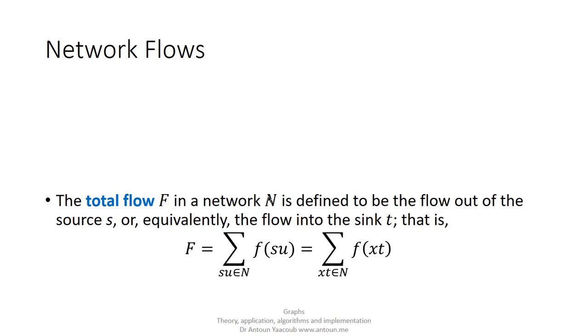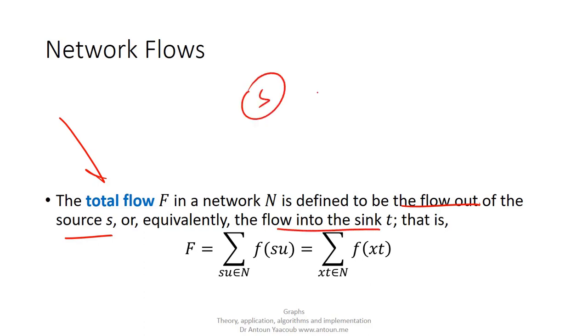The general problem of interest in network problems is obviously to maximize the flow. I need to send the maximum amount of flow that I can pass through the network from the source to the sink. We should always have legal flows along the arcs of the network. The total flow in the network is equal to the flow that goes out of the source, or equal to the flow that goes into the sink.